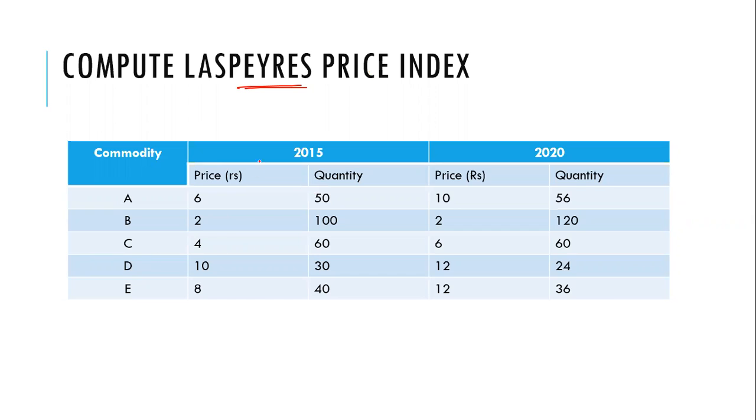They have given us the commodity, the price and the quantity of the base and current years, 2015 and 2020. Consider 2020 as the current year, so this is P1 and Q1. 2015 is the previous year, and our previous year is always the base year, so this is P0 and Q0. We will compute it under the Laspeyres method.